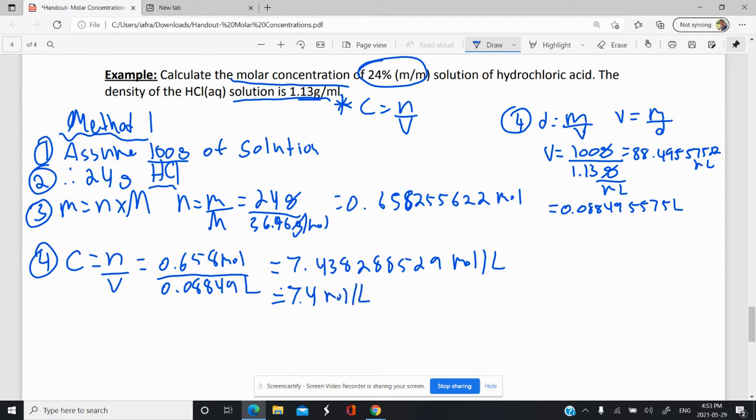So that's what the molar concentration of a 24% mass solution of hydrochloric acid would be. That would be method 1.